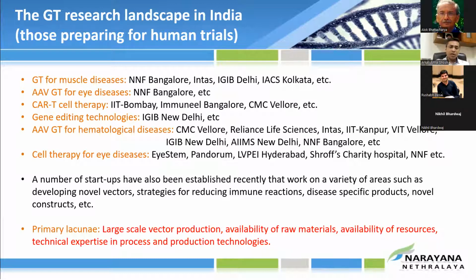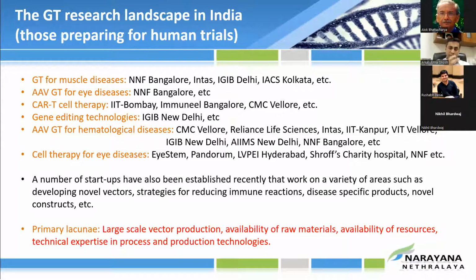Within this ecosystem, which is rapidly growing, of course, the major lacunae that remain are production capabilities of clinical-grade vectors and availability of raw materials within India. If you ask any of the researchers who are here or whom you interact with, most of our reagents come from outside of India, they're produced outside of India.